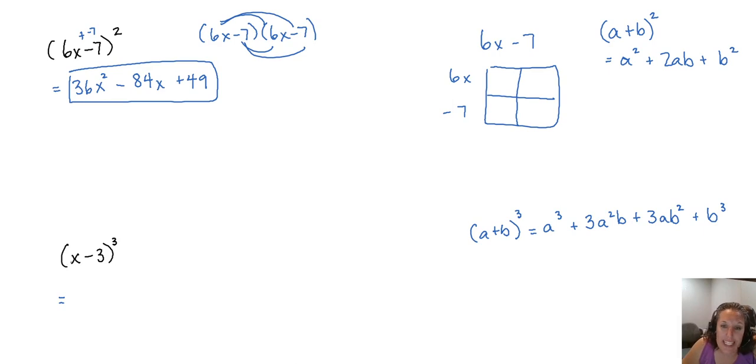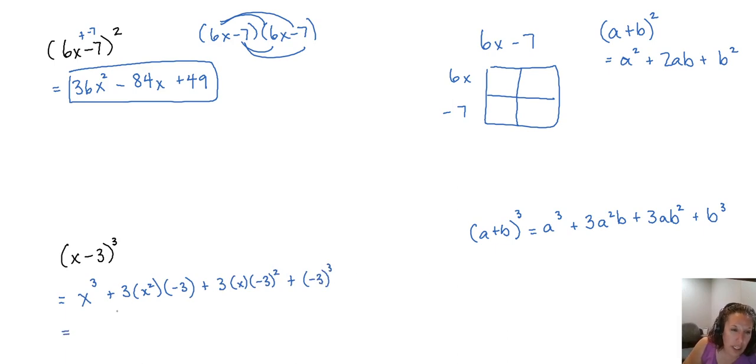So here our a is x, so our first term is going to be x cubed, and then 3 times our first term squared times our second term, which is negative 3, plus 3 times our first one to the first times our second one squared, so we get negative 3 squared, plus our last term cubed.